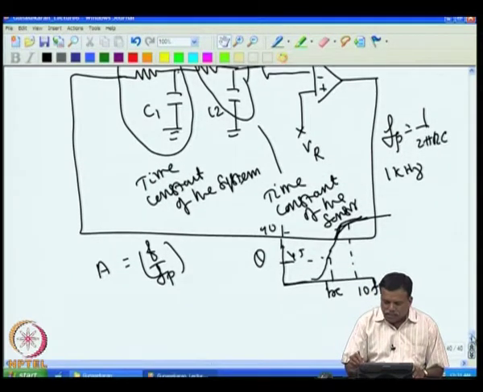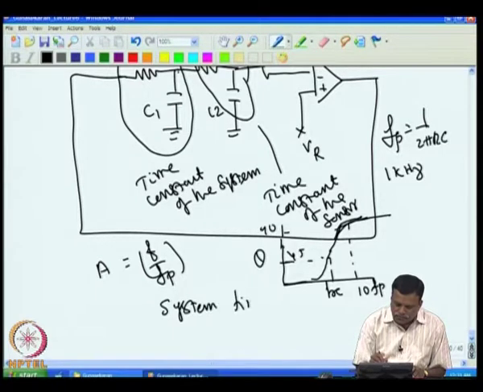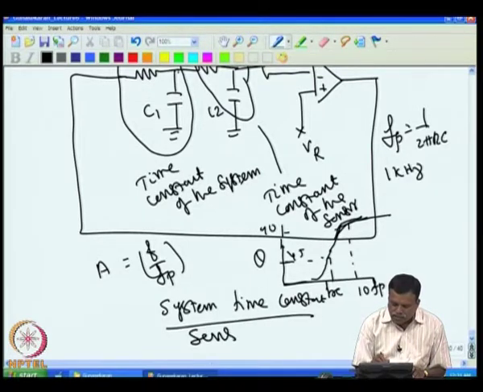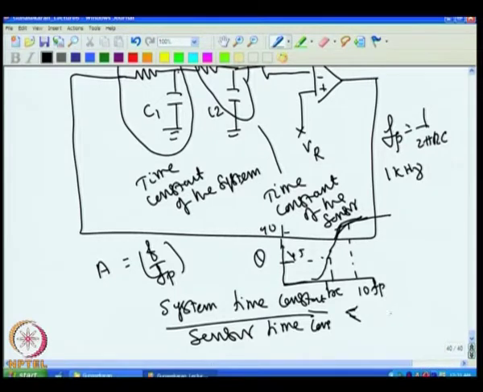I will show you that if I find the system time constant divided by the sensor time constant, the ratio between these two, the gain should be smaller compared to this ratio.